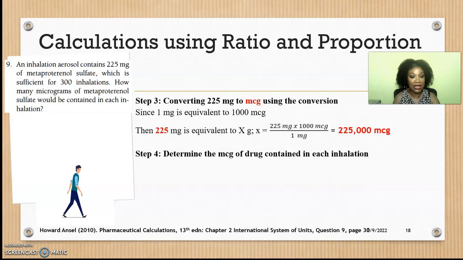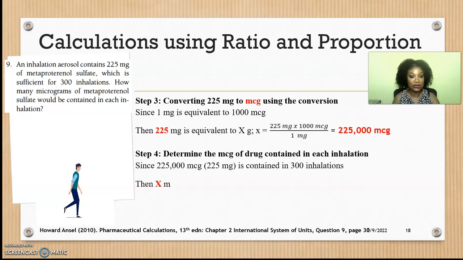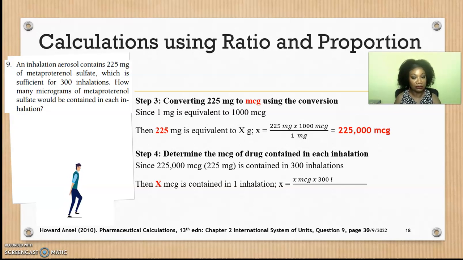But this is not going to help us because the question is asking how many micrograms of the drug is contained in one inhalation. So what we're going to do then is to make that connection. Since 225,000 micrograms is contained in 300 inhalations, then we can determine how many micrograms will be contained in one.